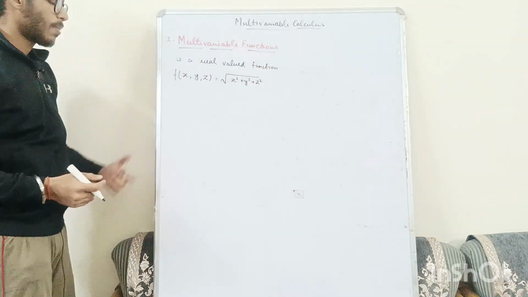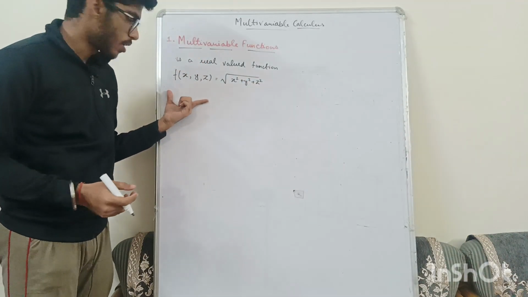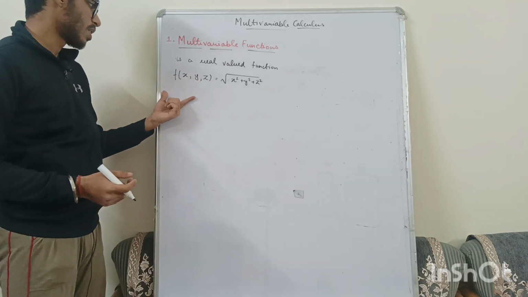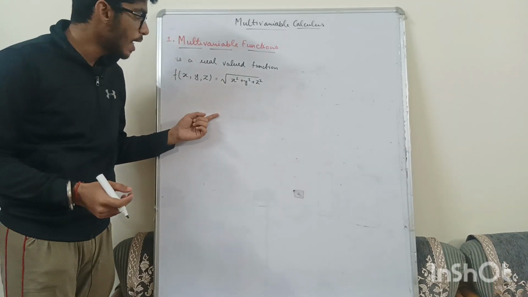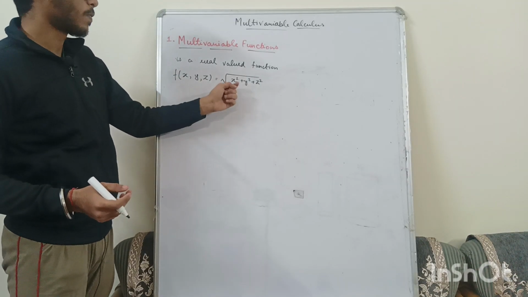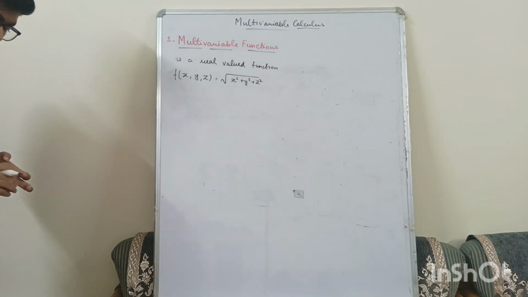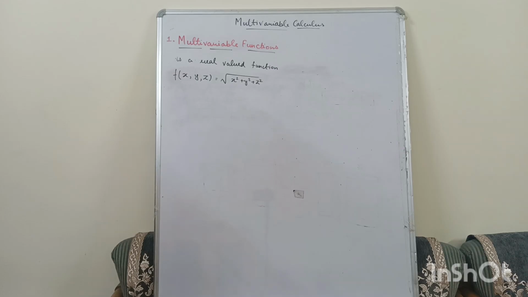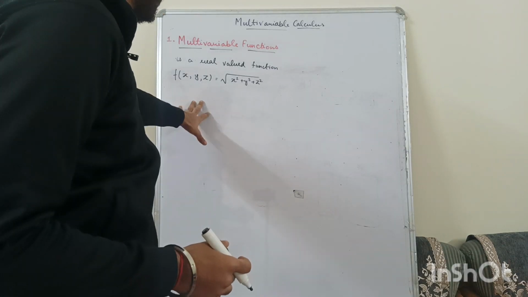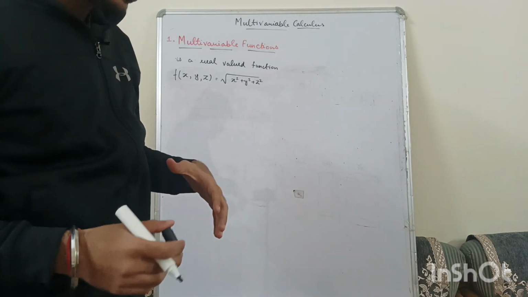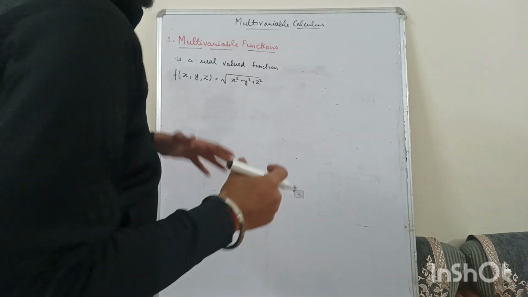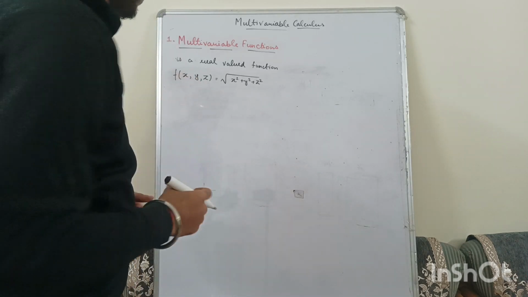So here I have a multivariable function defined in three variables. The three variables are x, y and z. So I need three variables, and in the geometric way we can think of it like I need 3 points in space to define this function, right?